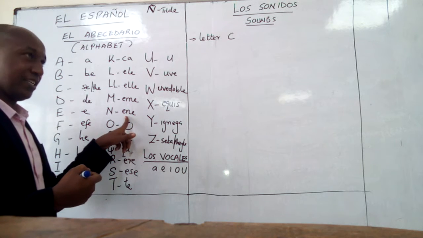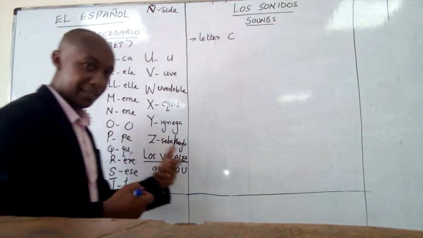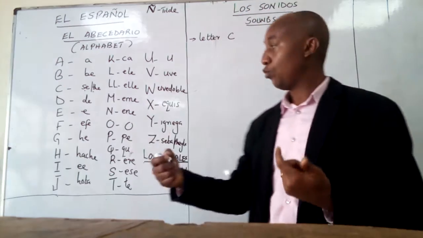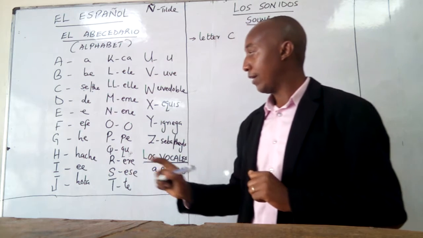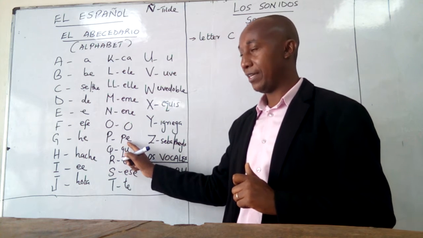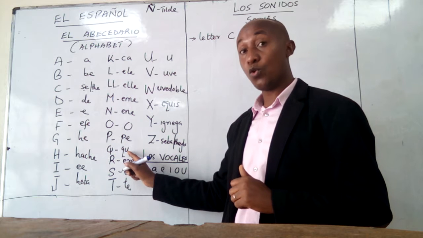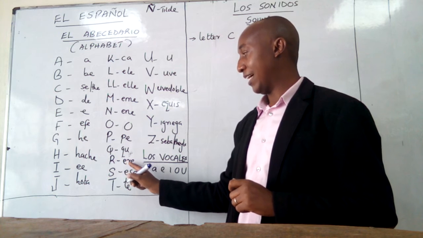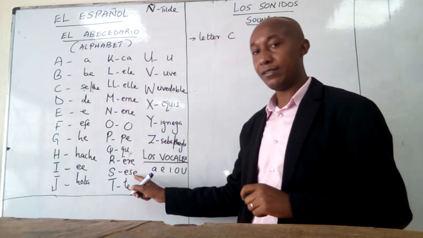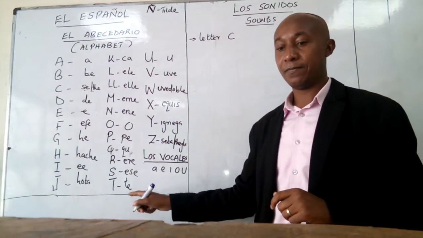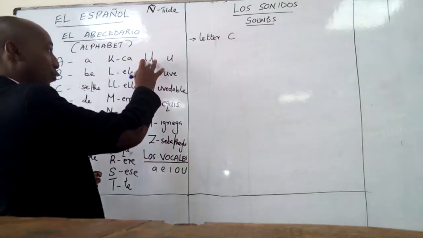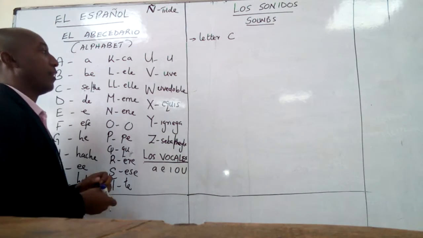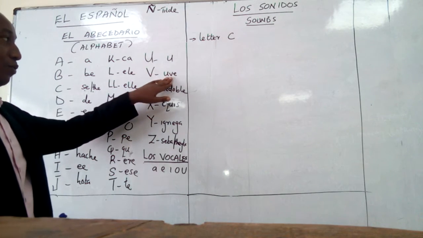M is Eme. N is Ene, so similar to M. Then we have letter O, which is O. Letter P is P, Q is Q, R is Ere, S is Ese, and T is T. Then we have letter U, which is U. Letter V is Ube.